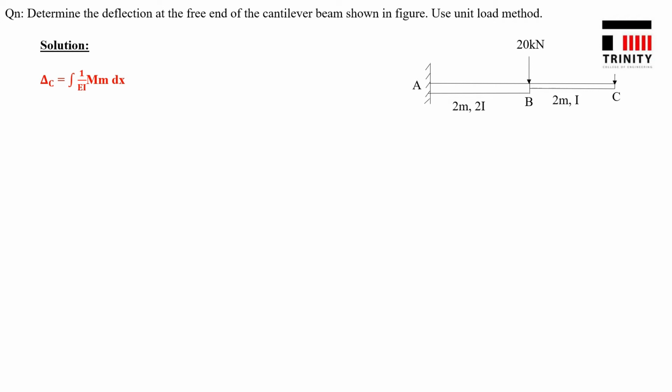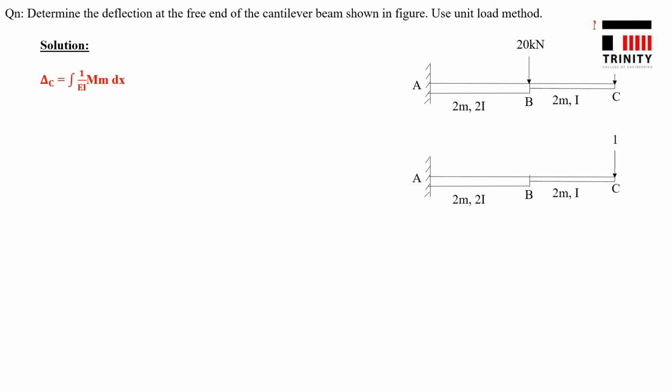For finding deflection, first you need to calculate the capital M and small m values. Capital M, moment due to external loads, can be calculated from the first figure, and for small m calculation, you need to remove all the external loads and apply a unit load at the point where the deflection is to be calculated.